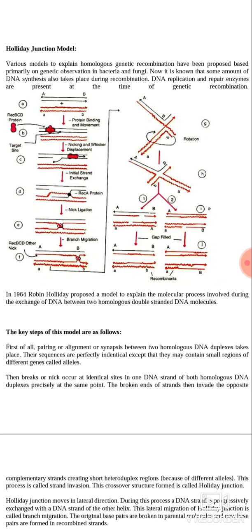First of all, pairing or alignment or synapsis between two homologous DNA duplexes takes place. Their sequences are perfectly identical except that they may contain small regions of different genes called alleles.